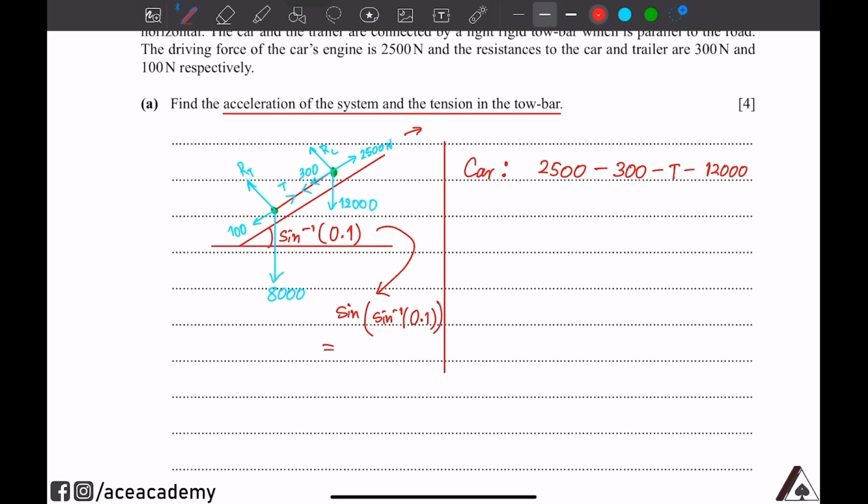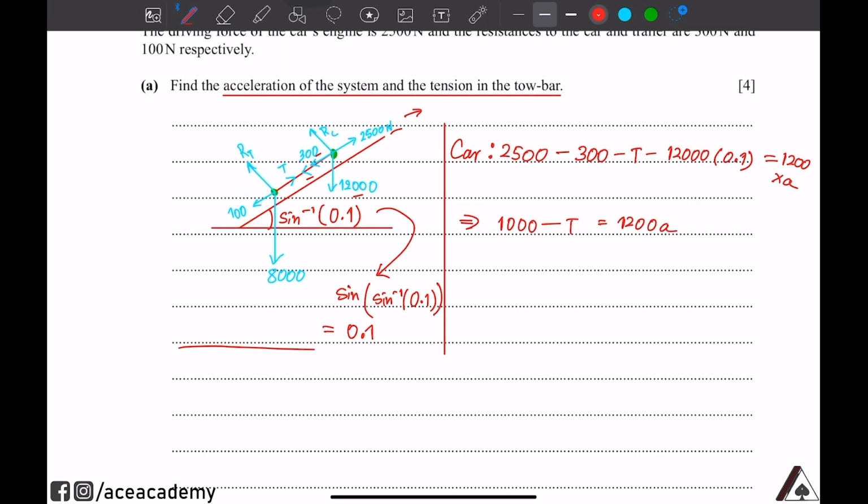That is just 12,000 times 0.1. So that's all our forces: the driving force, the weight component, the resistance force, and the tension. That is equal to the mass of the car times its acceleration. Simplifying this equation, we have 1,000 newtons minus tension is 1,200 A.